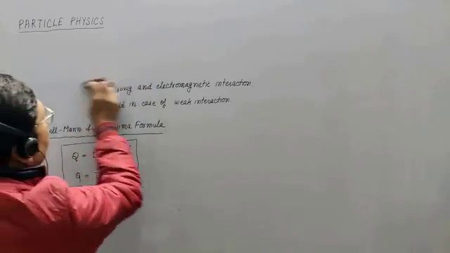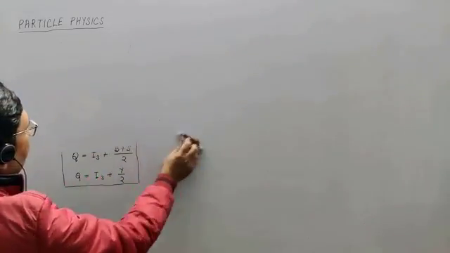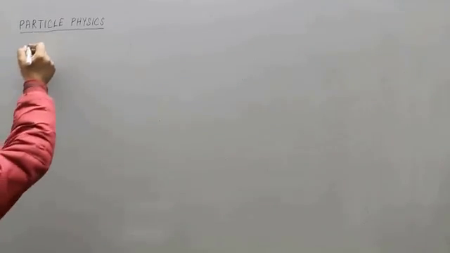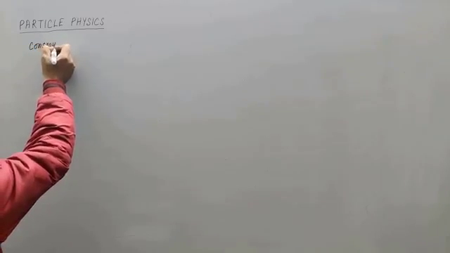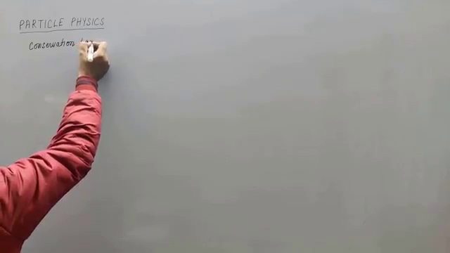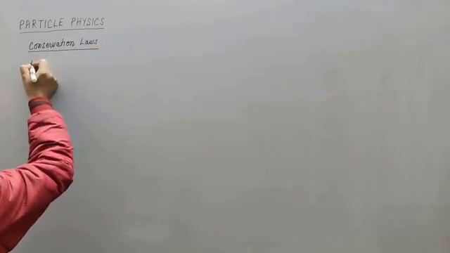Suppose we want to differentiate between strong interaction, weak interaction, and electromagnetic interaction, then we will utilize these conservation laws. There are two types of conservation laws. The first type of conservation laws are known as exact laws.